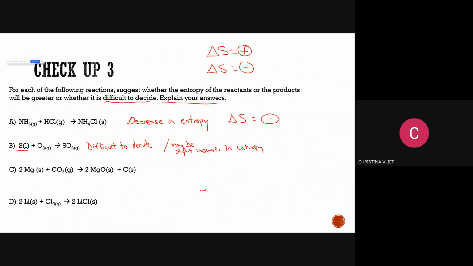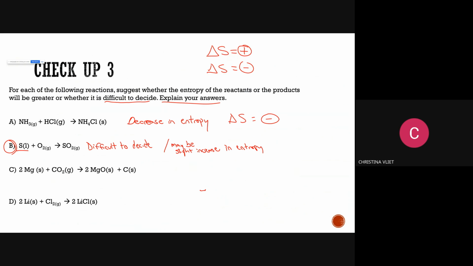Usually they don't. And usually they give you something that's more apparent to be able to predict. We also never say maybe. This is not an actual Cambridge question. This is just a reasoning question. So no, that wouldn't be the appropriate way to say it. But it could have a slight increase in entropy because it's difficult to decide. That probably wouldn't actually show up on a Cambridge exam.